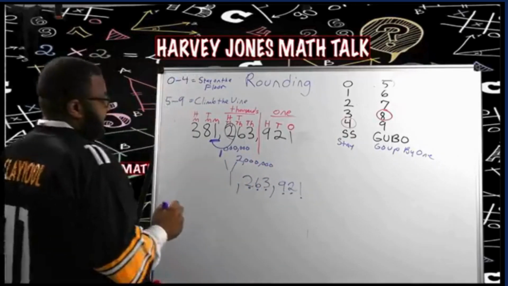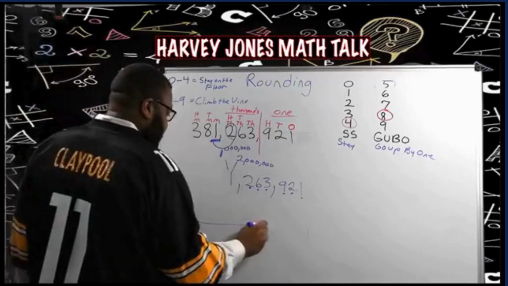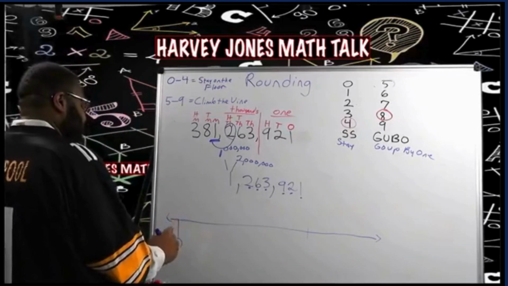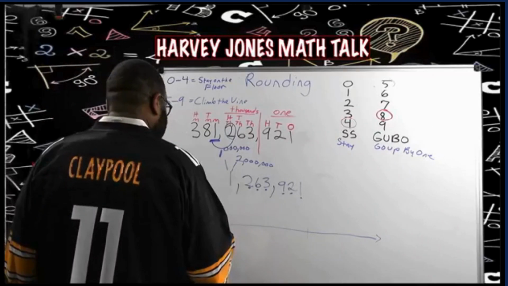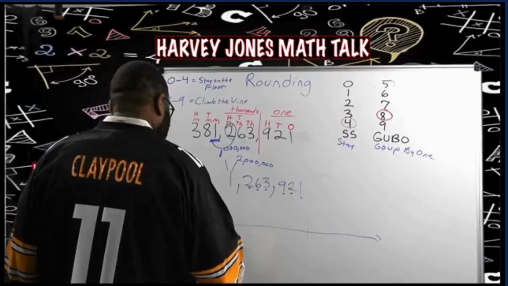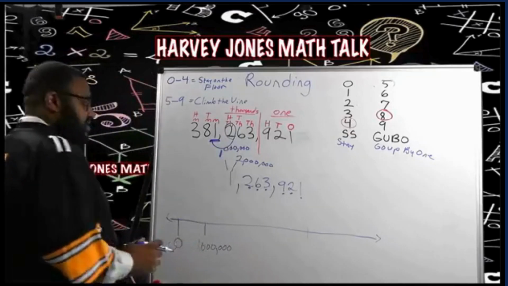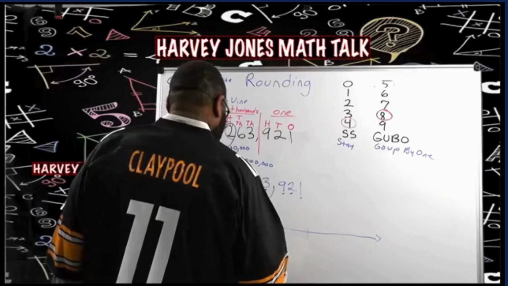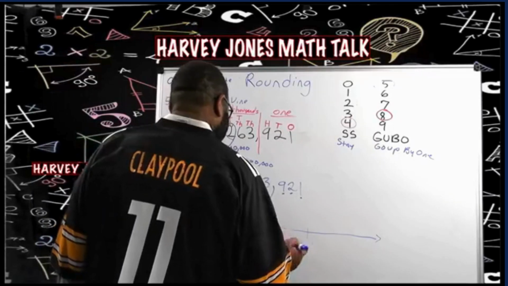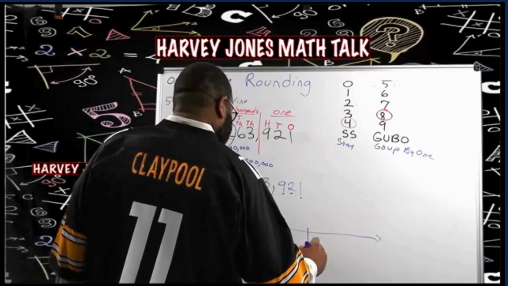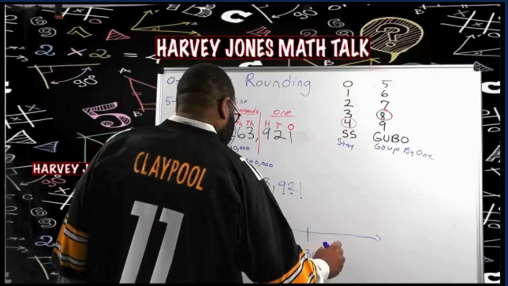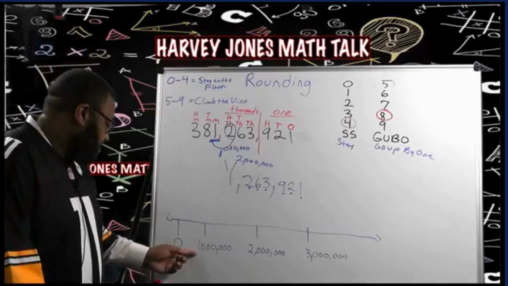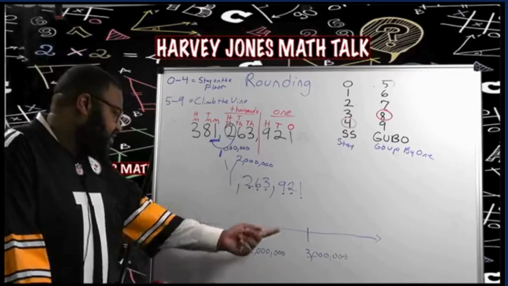So we're ready to do it real quick. Watch. Are you making a number line, Mr. Jones? Yeah, it's right here. 0. I need a little extra space, but this is simply going to be 1,000,000, 2,000,000, 3,000,000.